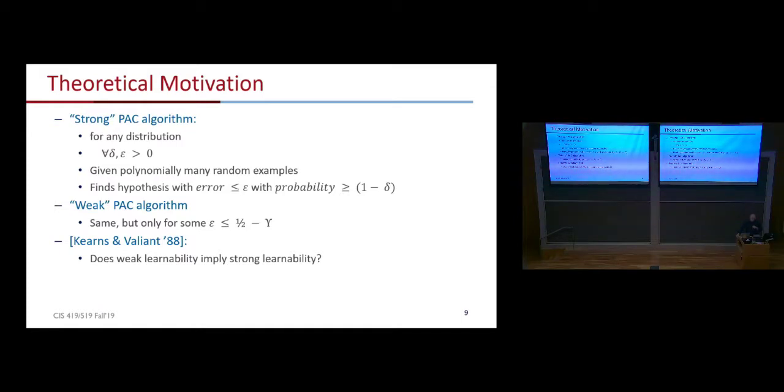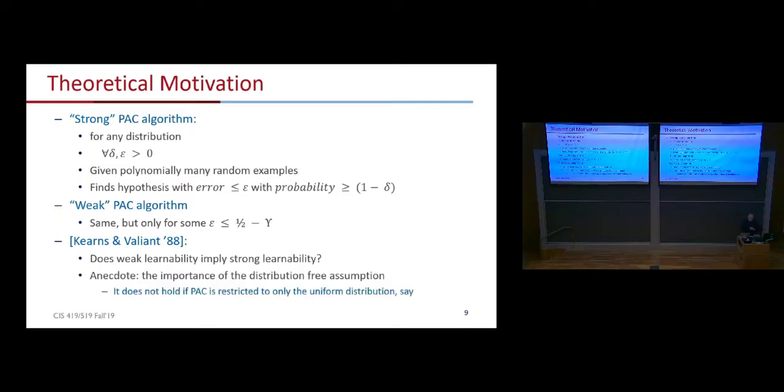That's the question, right? So I give you an algorithm that can always predict with error a quarter. Can you make it a PAC learning algorithm? And in fact, this is a very interesting point that I already mentioned before: this argument shows the importance of the distribution-free assumption, because what they were able to show in '88 is that it's not true if you're learning only over the uniform distribution.